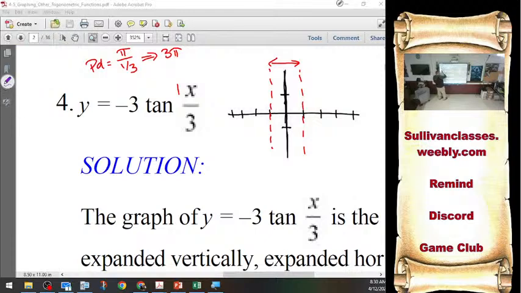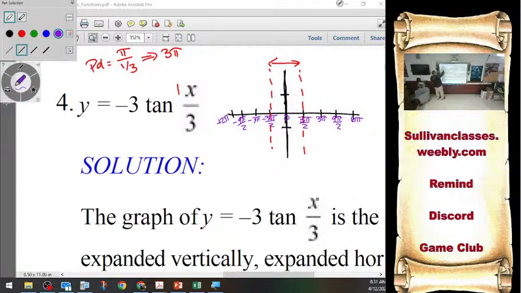So I have to label all of these by 3 pi over 2 increments since there's no phase shift. 0, 3 pi over 2, 3 pi, 9 pi over 2, 6 pi, and so on. Negative 3 pi over 2, negative 3 pi, negative 9 pi over 2, negative 12 pi.